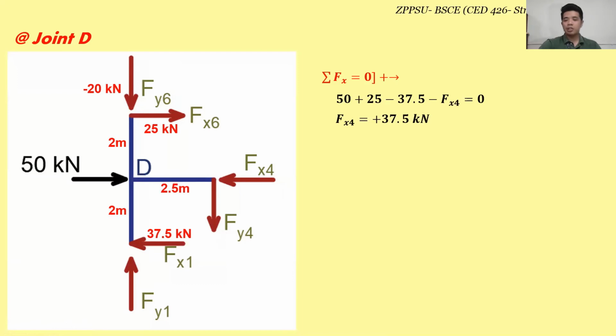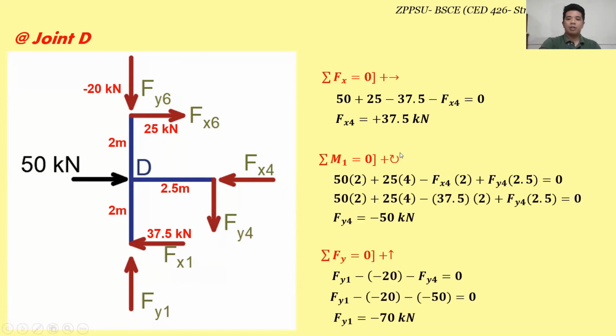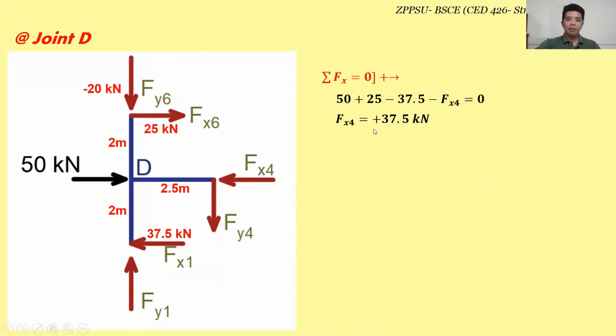So let's sum up forces along x-axis equal to 0. So to the left, negative. To the right, positive. So we have 50 plus 25.